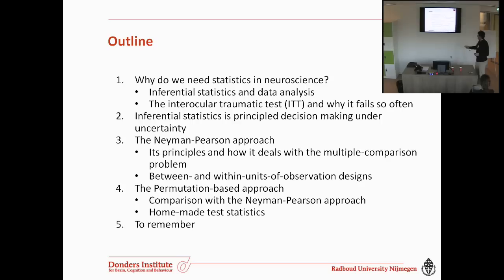And then I will go into the permutation-based approach, which will be novel to some of you, but at the same time has some remarkable similarities to the Neyman-Pearson approach, but also a few crucial differences, and these crucial differences turn out to be very useful for neuroscience applications. And finally, I will wrap up.